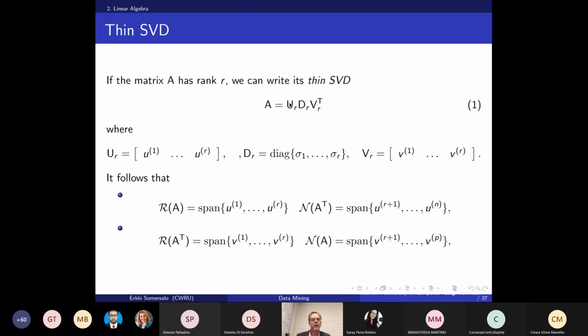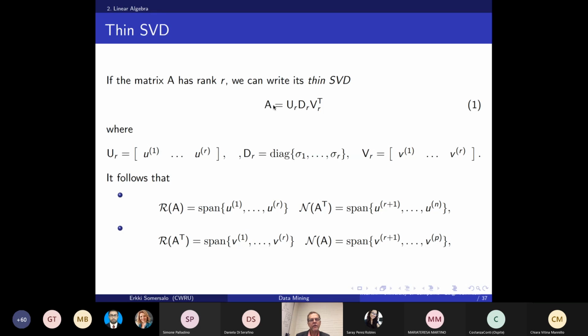So notice here we are using as economic an expression of A in terms of its singular vectors and singular values as possible. We are only keeping the non-zero singular values. So this is called a thin SVD. It is thin in the sense that we are only keeping the pertinent information, which is the singular values which are non-zero. We just discard whatever corresponds to zero singular values.